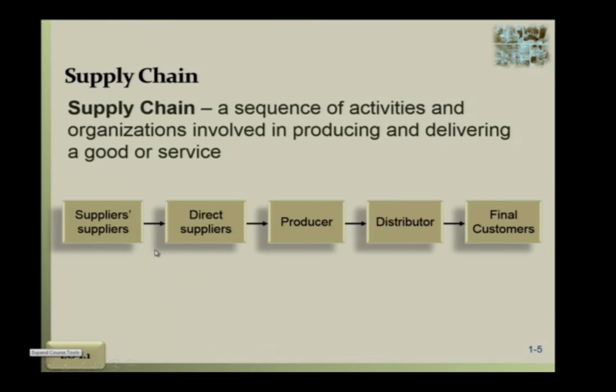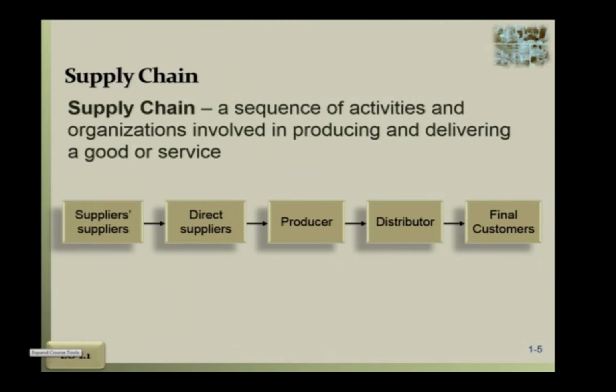In terms of supply chain, that is the sequence of activities that organizations are involved in producing and delivering goods and services. Managing the supply chain has become very important in the past 20 years, mainly because of globalization.